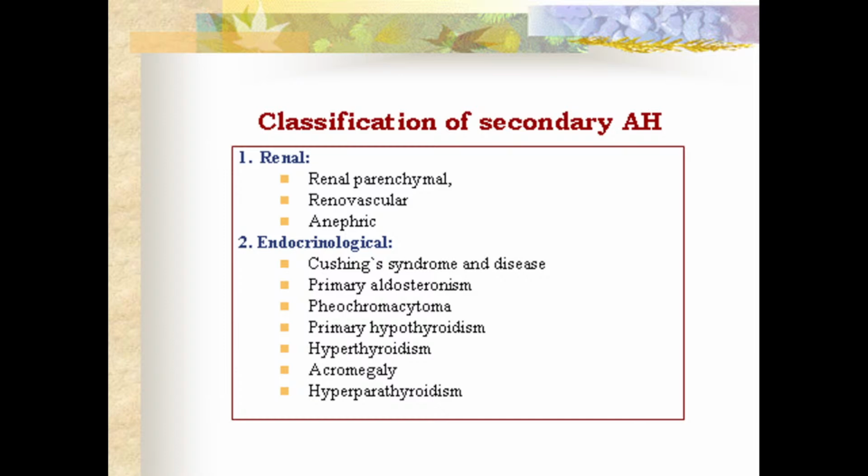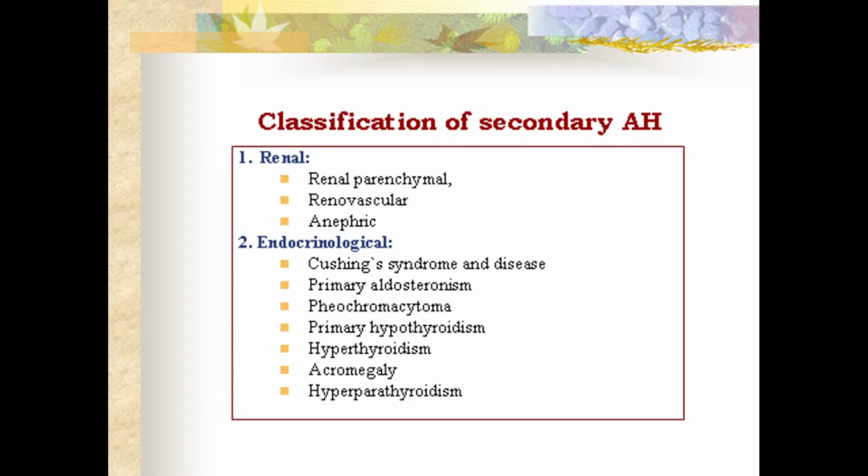They can be renal parenchymal disorders, renovascular disorders, etc. Some others are endocrine diseases. Which endocrine diseases can be manifested by arterial hypertension apart from diabetes mellitus? Of course, it's better to start with diabetes mellitus, because patients with diabetes mellitus experience parenchymal and renovascular disorders.